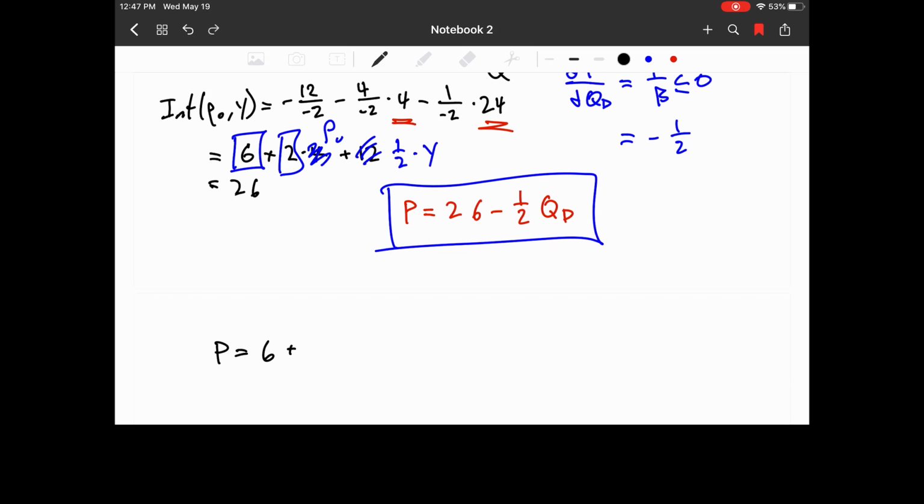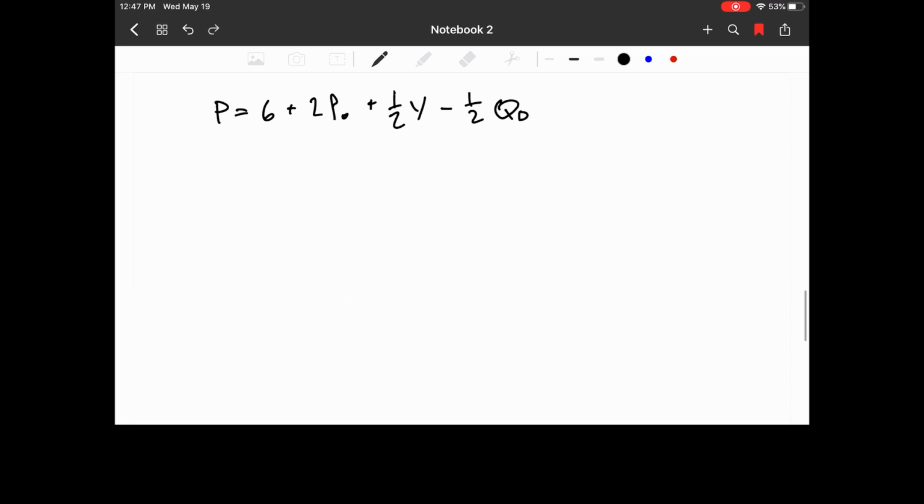So we have 2 P0 plus 1/2 y, and then we have our negative 1/2 times quantity demanded. Okay, so this relationship here is going to allow us to answer some questions.